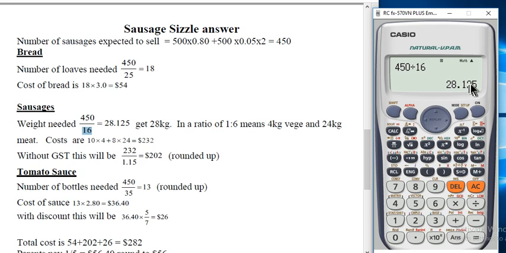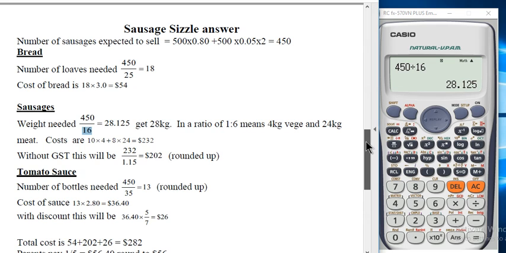So it's 28.12. Now you could argue, this is where it comes down to a little bit of opinion really. If you wrote down 29, some people might think, we better have more than what we need, just make this 29 packets just in case we've got enough for everybody to sell, and nobody misses out.